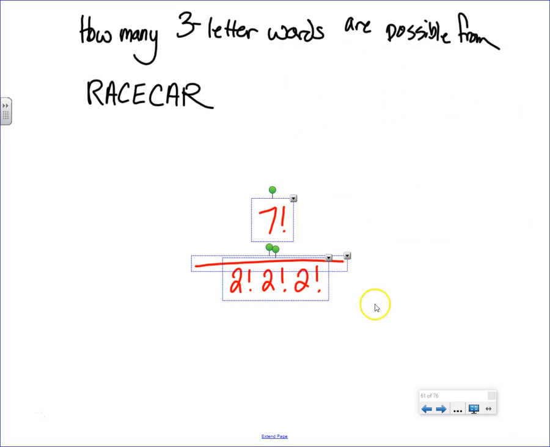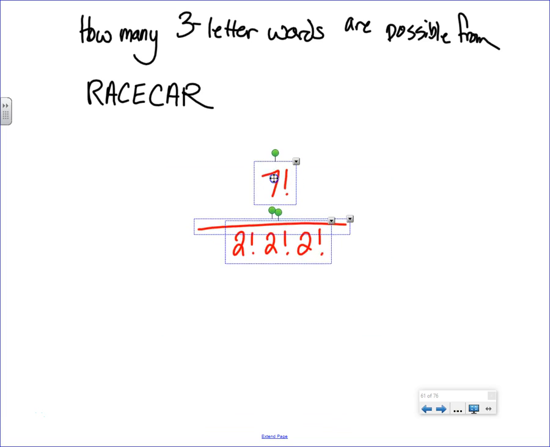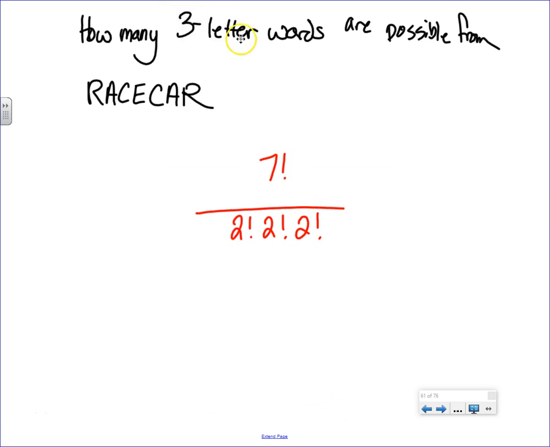What's the one piece I changed from the last problem? How many? Oh, I can't use all 7 blanks. I'm not doing 7-letter words. So I have to do 7P3, which would be 7 factorial divided by, I only have 3 blanks, guys. What's missing? 4 and 3 and 2 and 1, right?